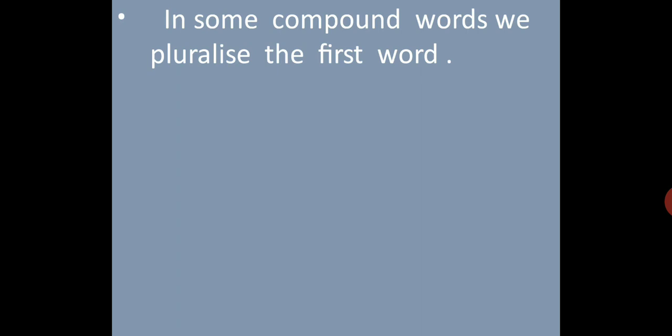Let's see the examples and understand properly with the examples. Look at the first word, runner-up. Here two words together, runner and up. Now if we want to make it in a plural form, then what can we do?